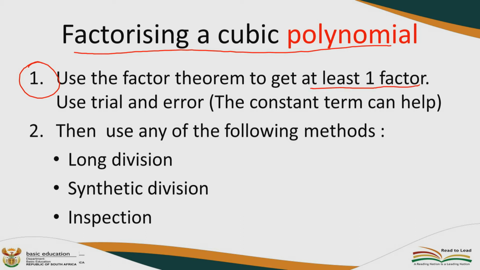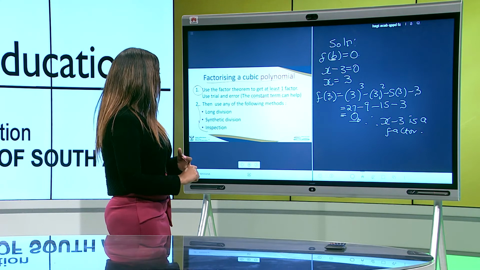How do you determine that? Make sure that you focus on the constant of your given function. From there, you can use your trial and error method to determine the exact factor of the polynomial. From there, you can use any method from the list. You can use your long division, your synthetic, or your inspection method.